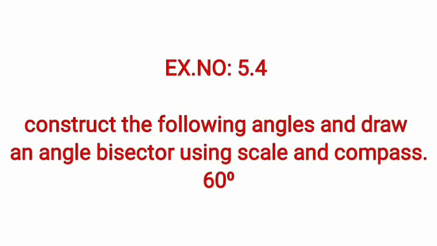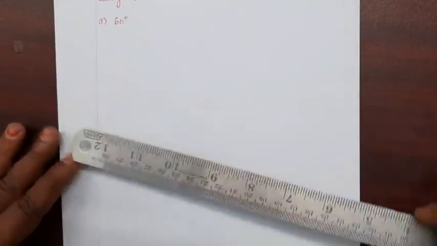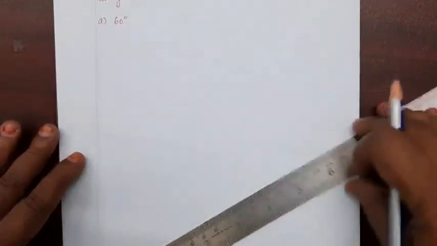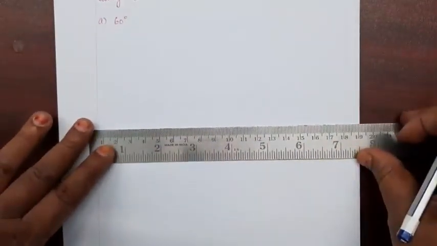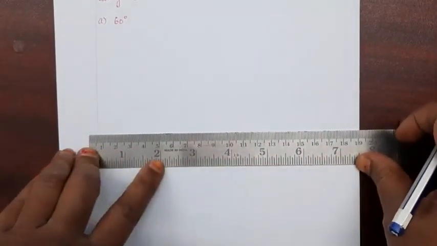Next, in exercise number 5.4, construct the following angles and draw an angle bisector using scale and compass. Here we are going to draw the bisector of an angle of 60 degrees. By using a scale, draw a line segment of any measurement.